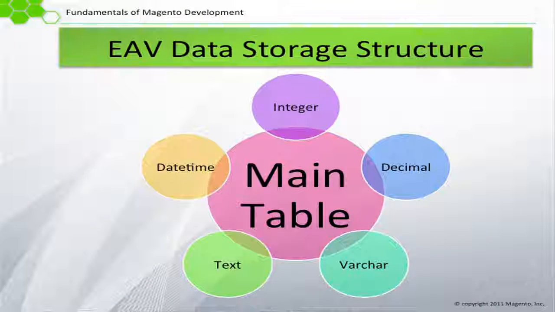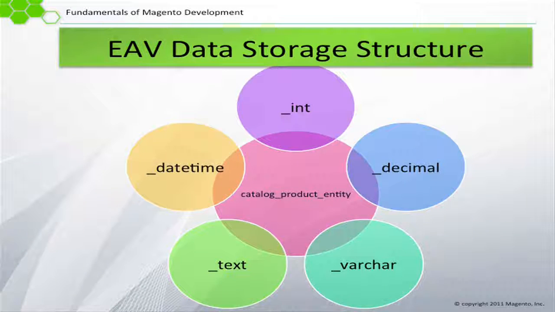As I mentioned, the main table is catalog product entity, right? And then catalog product entity int, decimal, varchar, text, datetime. That is the complete record of the object in the system.